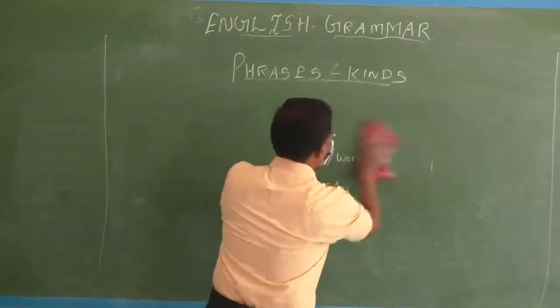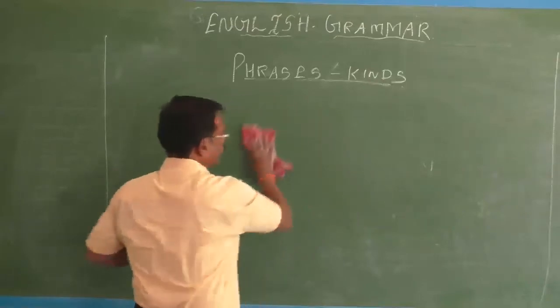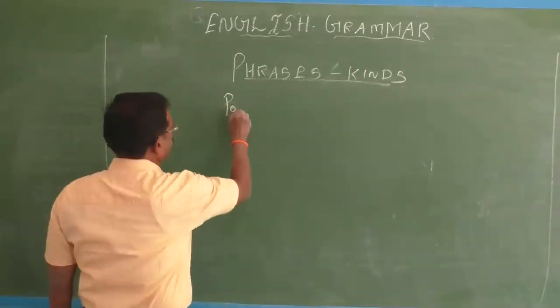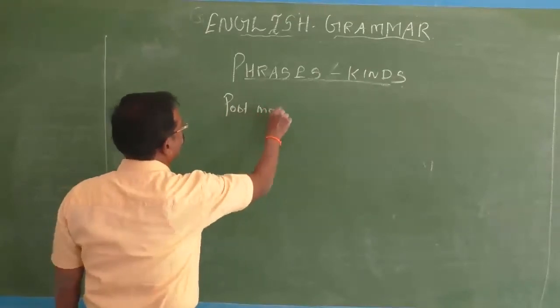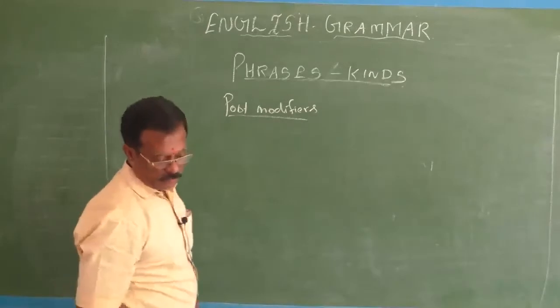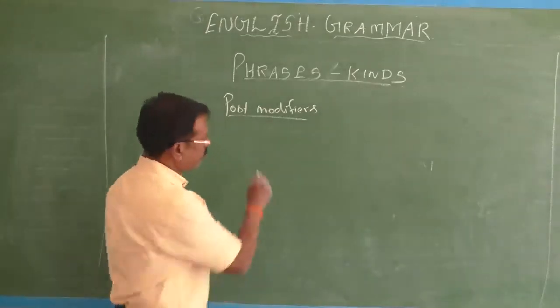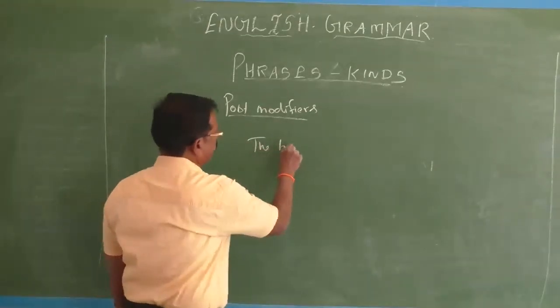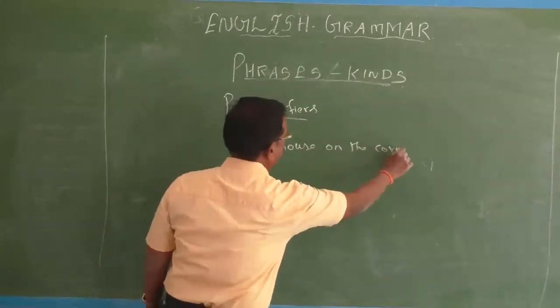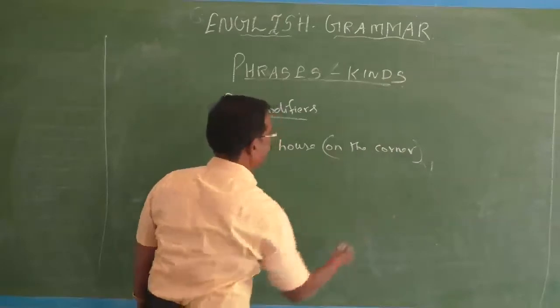Let me give you 1 or 2 examples. Post-modifiers. Here, the house on the corner. See, on the corner is a prepositional phrase.